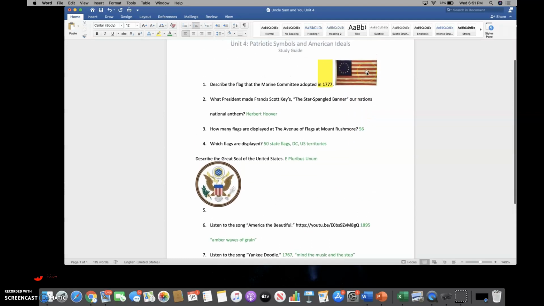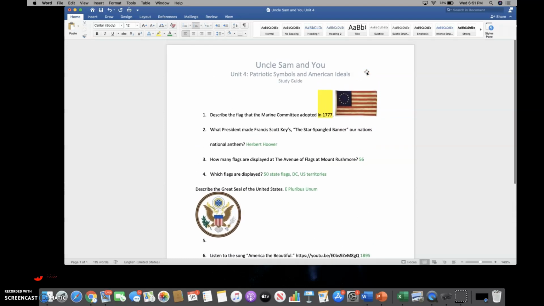So I just wanted to go over this really quick. I'm almost too far into the timeline here. I can only post less than 15-minute videos. So for your Unit 4 study guide, describe the flag that the Marine Committee adopted in 1777. I gave you an image of the flag right there.